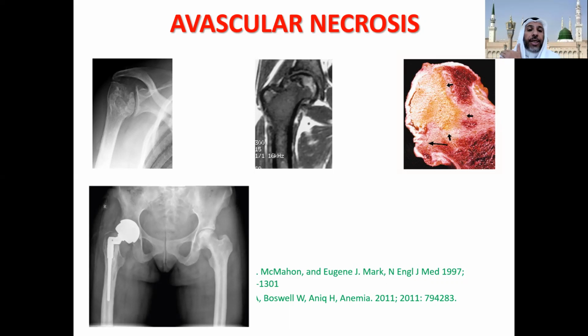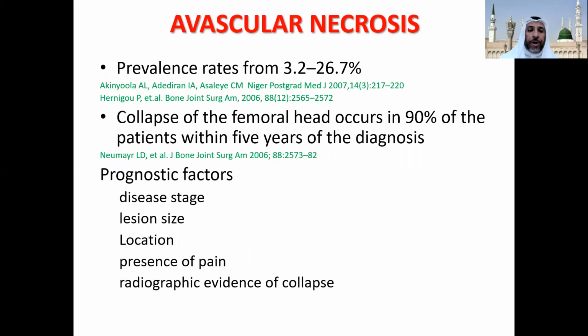Even for the shoulder, when they have a complaint about the shoulder, we need to think about it and look for it. Unless we look for it, the patient will present late, where there is nothing we can do. And many patients with avascular necrosis will end up with a replacement of the joint.